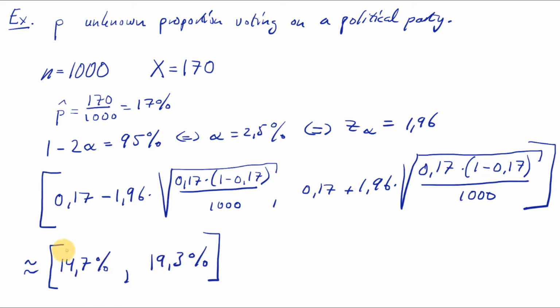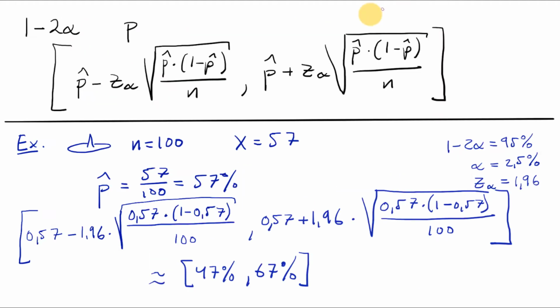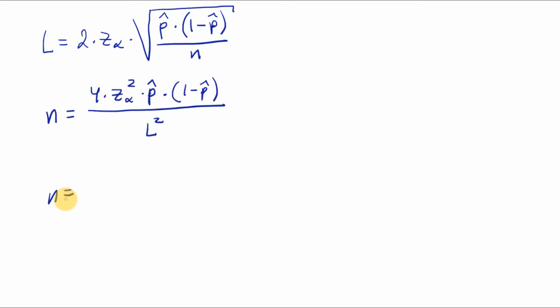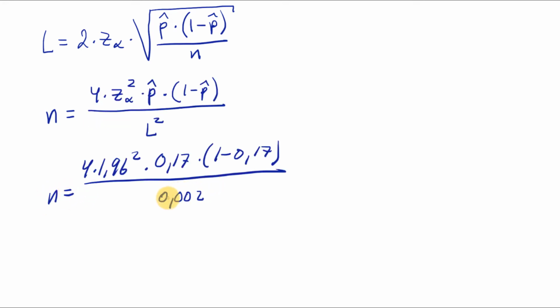Now this is quite a wide interval, so if you want the width of this interval to be smaller, for example 0.2%, then how large must our sample be? Just doing as before, taking this endpoint minus this one, we can find the length from this expression. And here we can solve for n, and if we put in our numbers, and we wanted a width of 0.2%, which is this, and squared, that gives roughly 500,000 people.